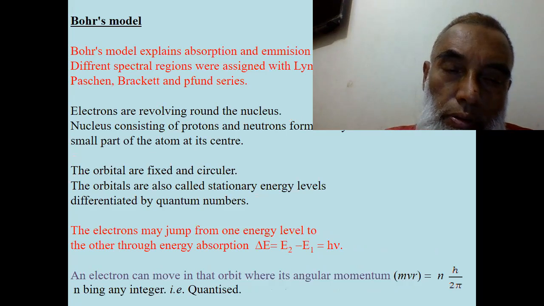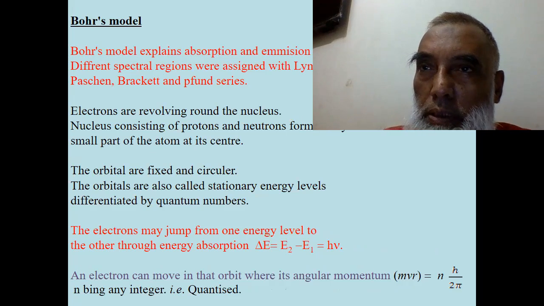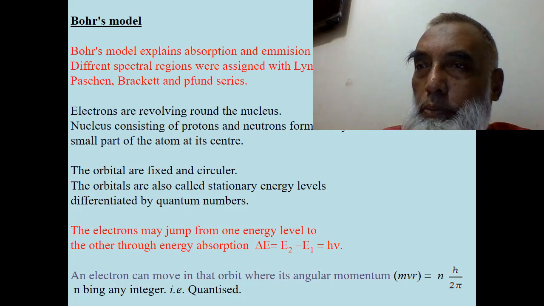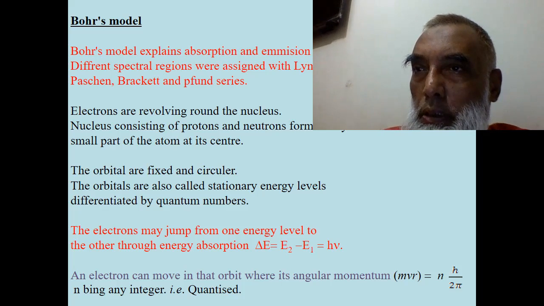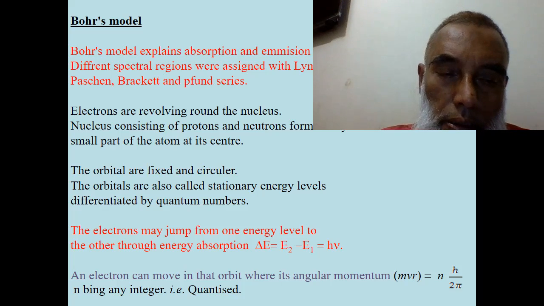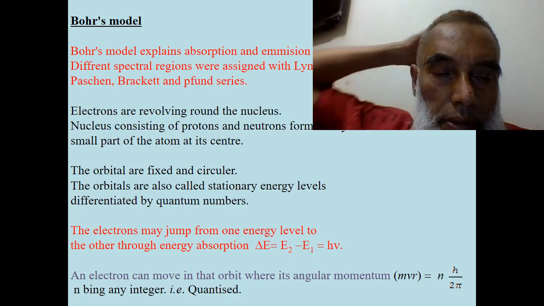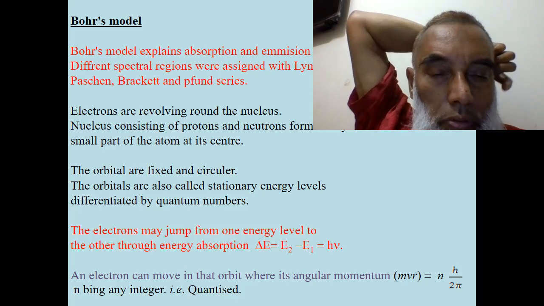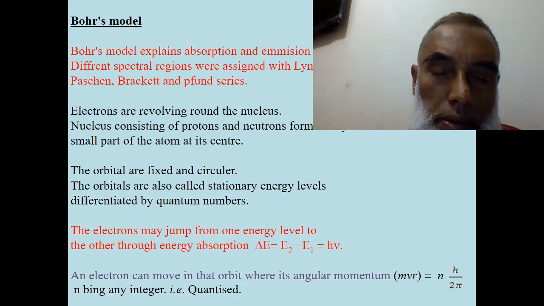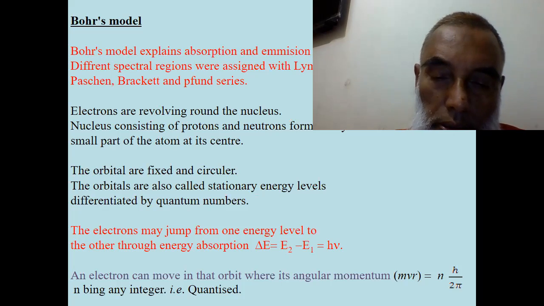And he also proposed that when electrons absorb energy, they jump from the ground state to the upper energy state. That is the excited state. Electrons go to the upper energy state, and when they lose energy, they come down to the lower energy state.